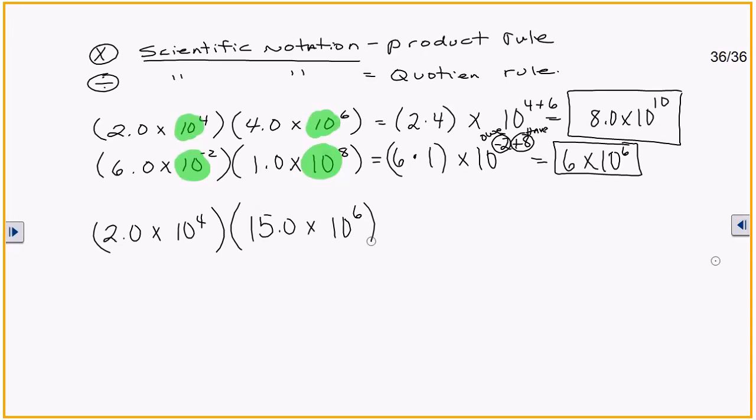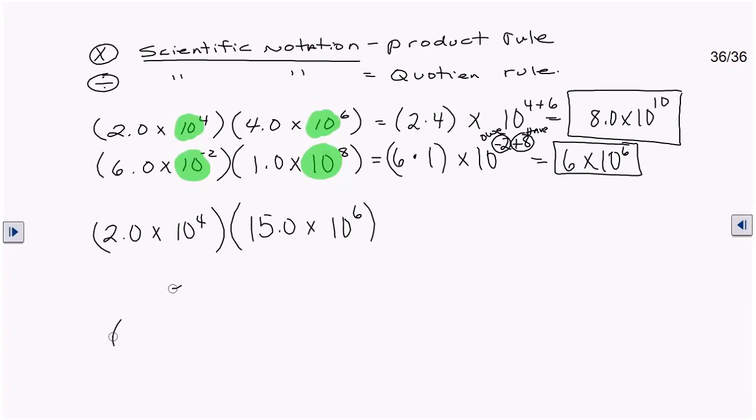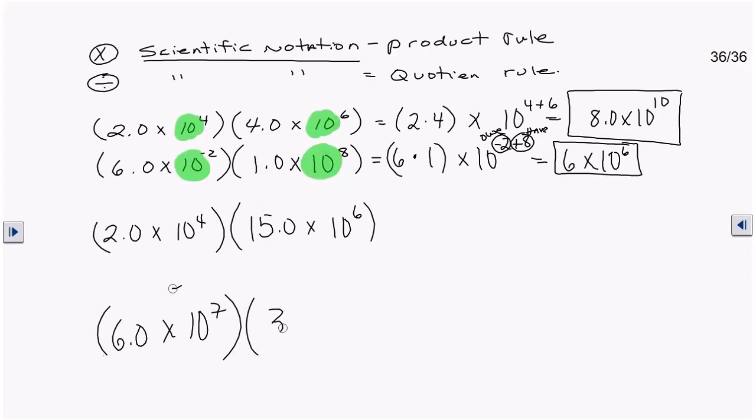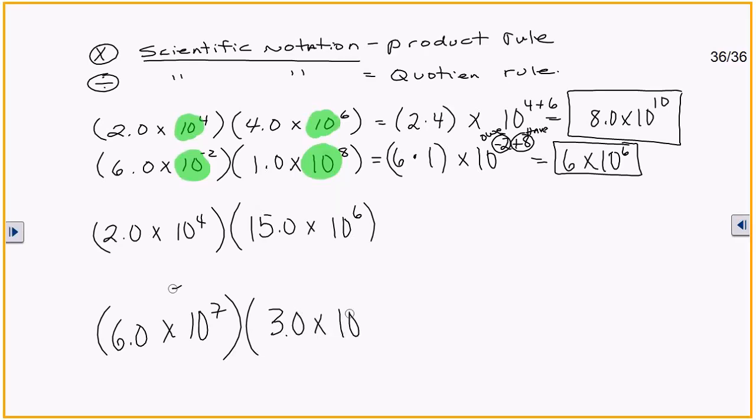And I'll do one more. 6.0 times 10 to the 7th times 3.0 times 10 to the 2nd. All right, take a minute and work on those. Pause the video and we'll come back and do them together.